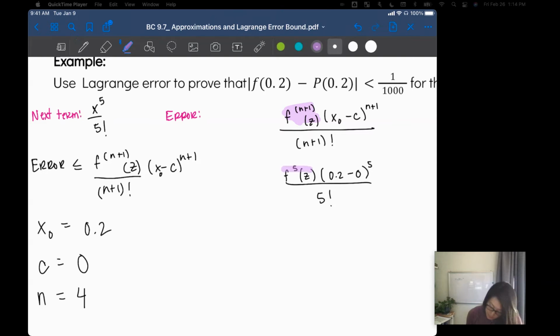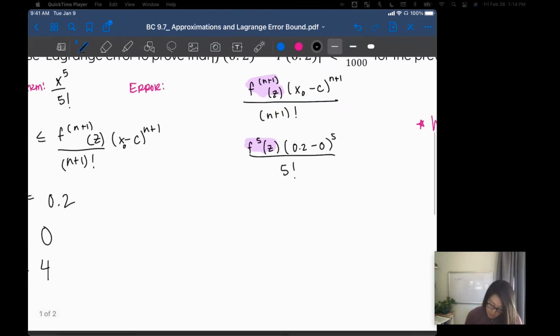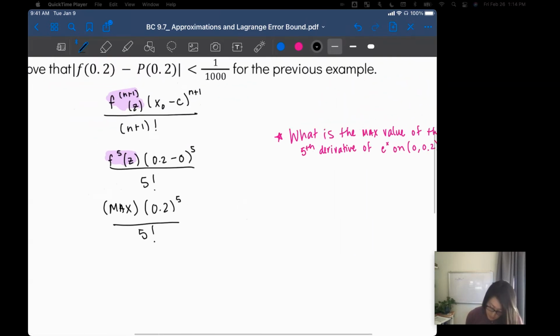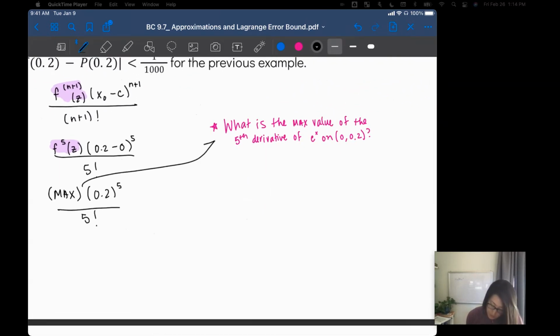Again, now we need a value for this f to the 5th of z. So I am just going to replace it with the max value, okay? And I have a little note over here. So what is the max value? The max value is the maximum value of the 5th derivative of e to the x on the interval 0 to 0.2.